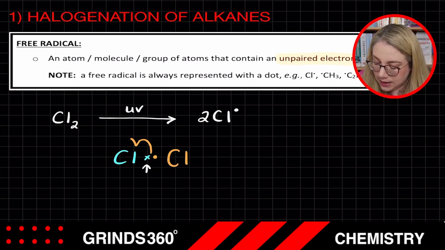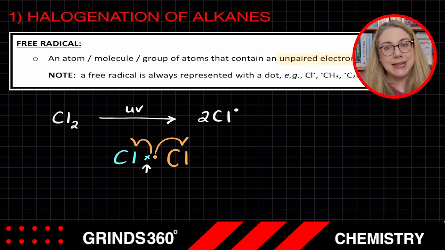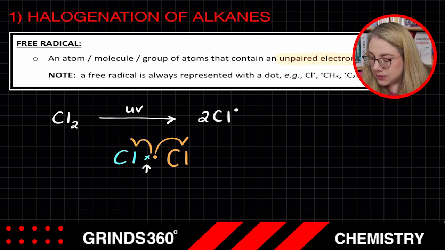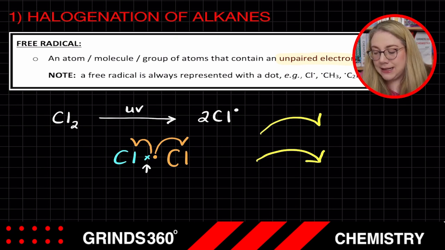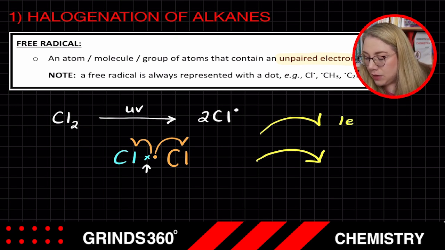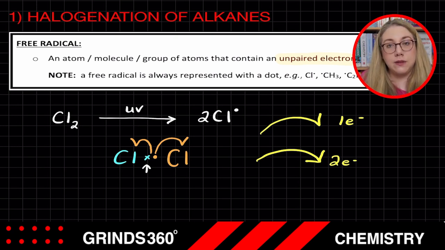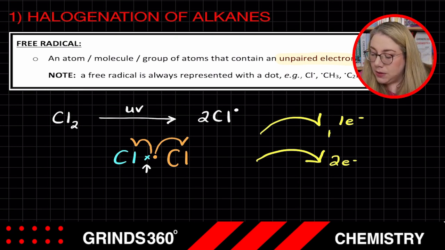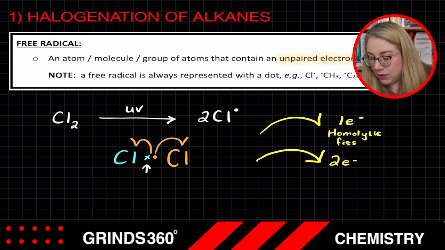Then on the other side, the other electron goes to the other chlorine atom. And again, it's a half-headed arrow because remember the two types of arrows. We have this type, a half-headed arrow, and this one, which is a double-headed arrow. The half-headed arrow is the movement of 1 electron. The double-headed arrow is the movement of 2 electrons. And when you are dealing with homolytic fission, you have to use the half-headed arrow.